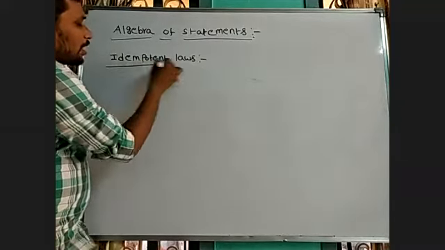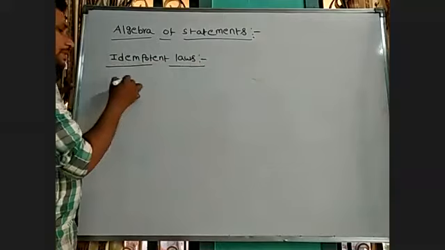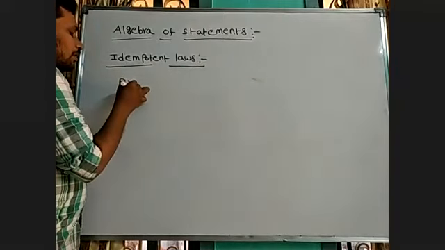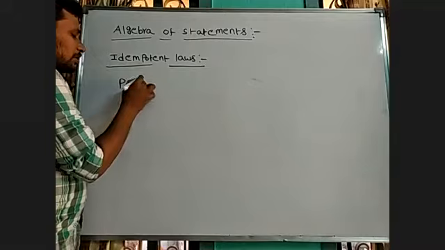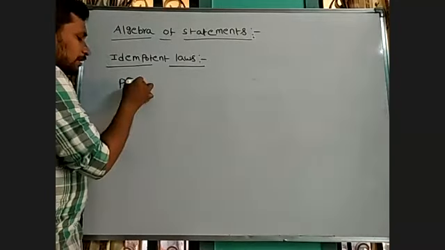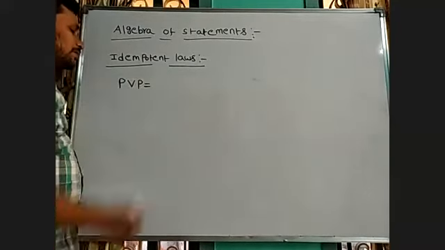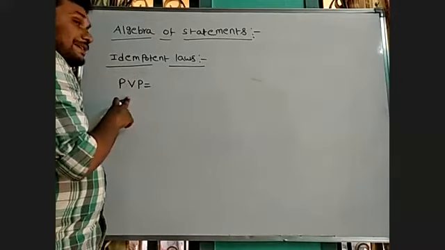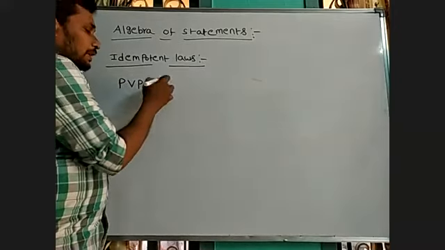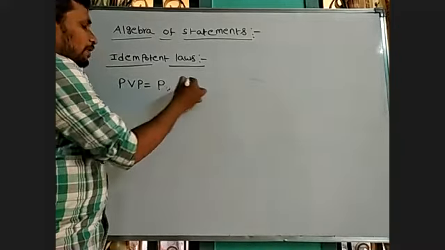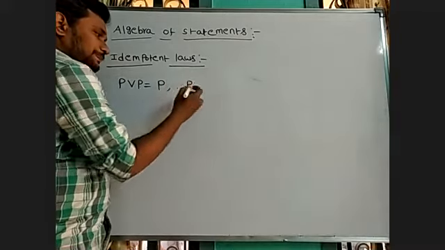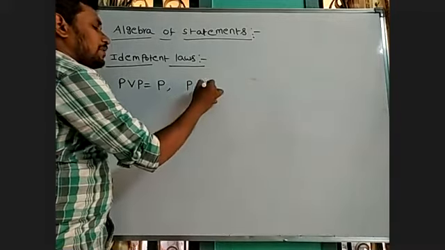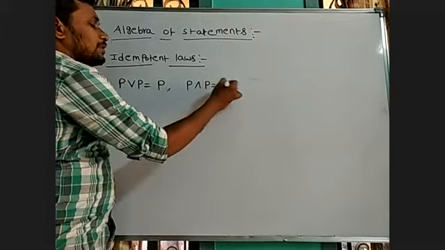Idempotent laws means P disjunction of P equals what? P. Okay. P conjunction of P is equal to P.